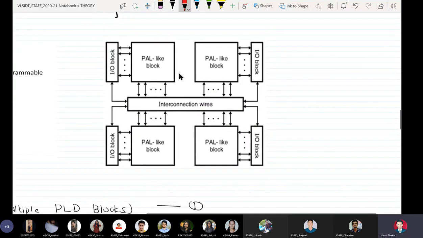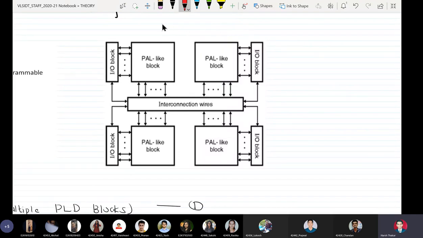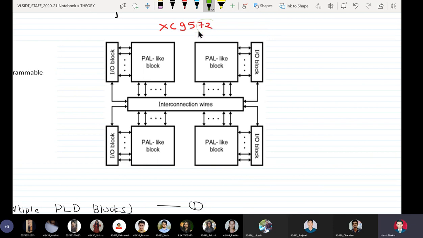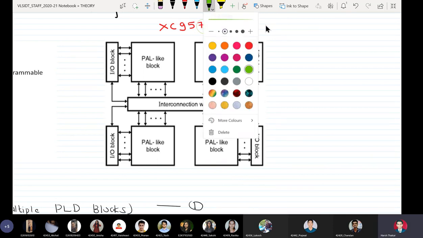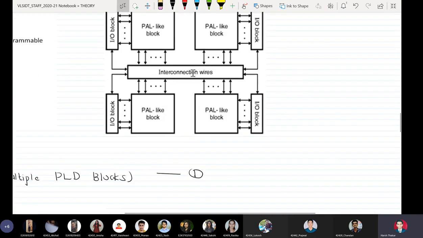suppose the architecture shown here belongs to XC9572. That means this device contains 72 macro cells. Then these 72 macro cells will be uniformly divided amongst these four blocks.